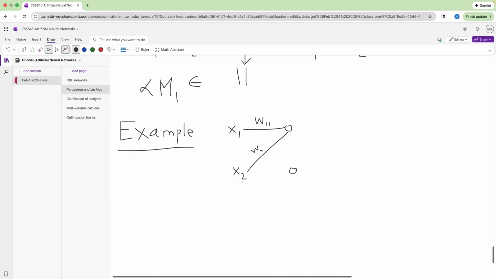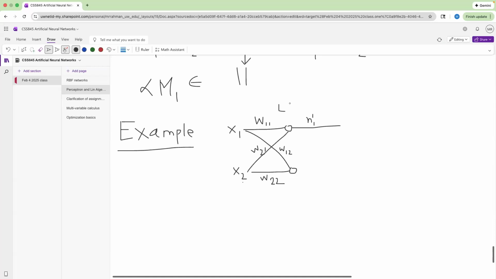And here you have a weight W21, here it's going to be W22, and then this is going to be W12. And then the output of this I'm going to say is N11.